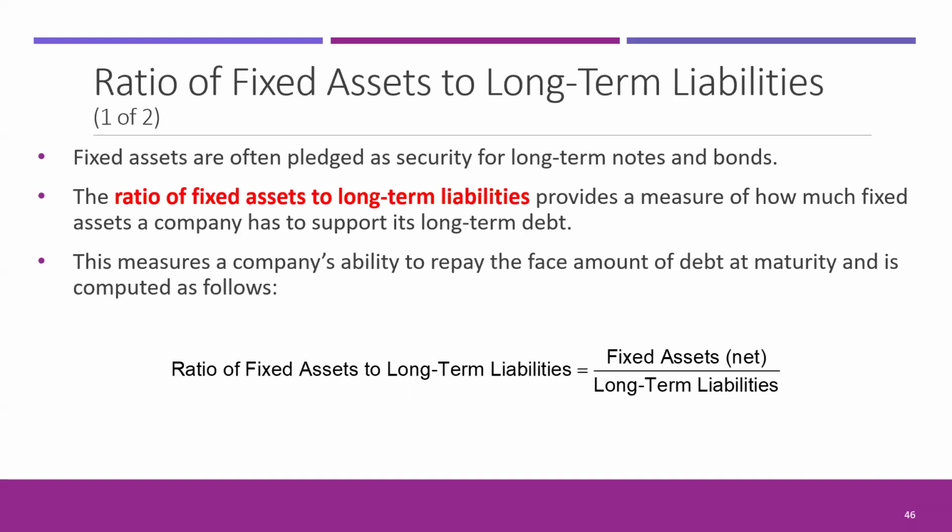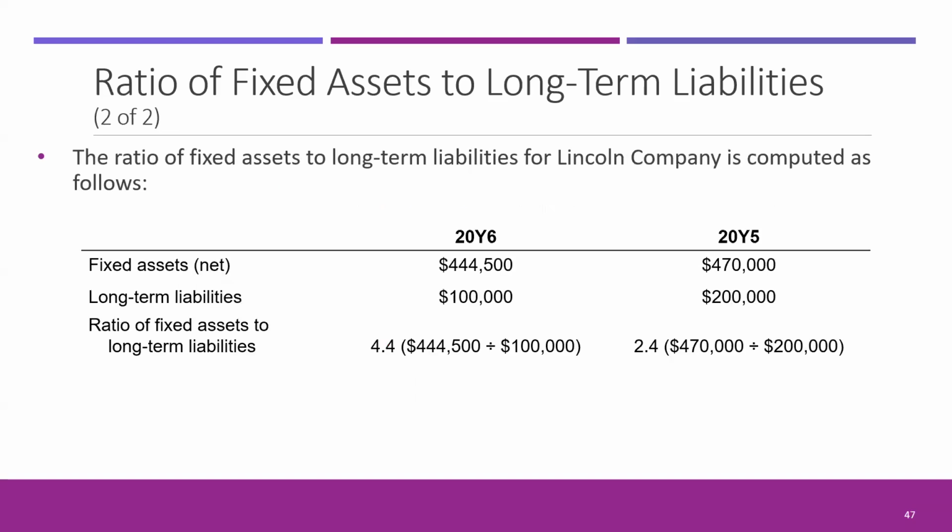This is really a long-term view of way out in the future: if this company goes under, how much is the collateral compared to the long-term liabilities? Because oftentimes the long-term liabilities will be more than fixed assets. But in this case, it's not.